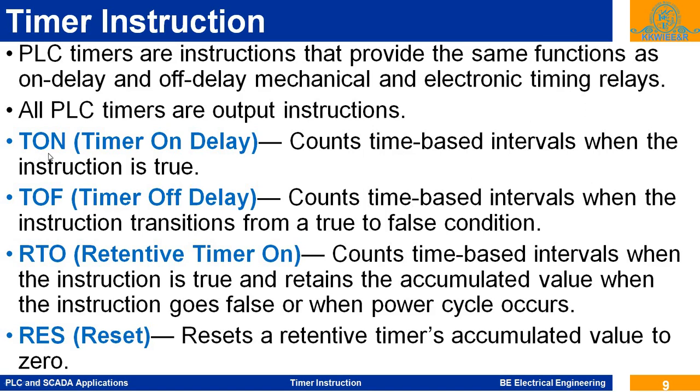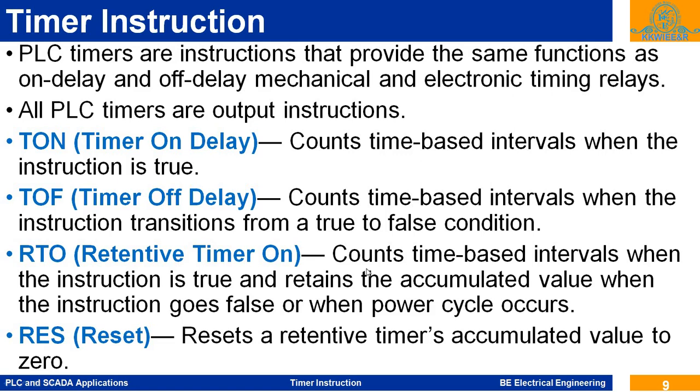Based on the operation, there are three types: timer on delay, timer off delay and retentive timer. On delay counts the time base interval when the instruction is true. Off delay counts the time base interval when the instruction transitions from true to false.